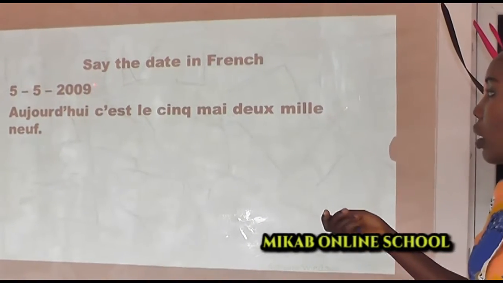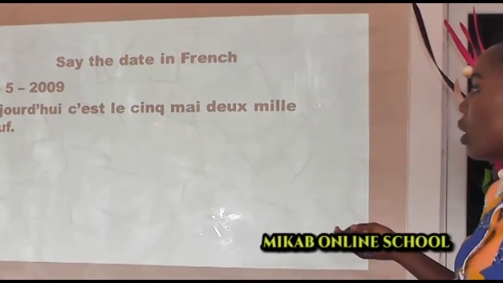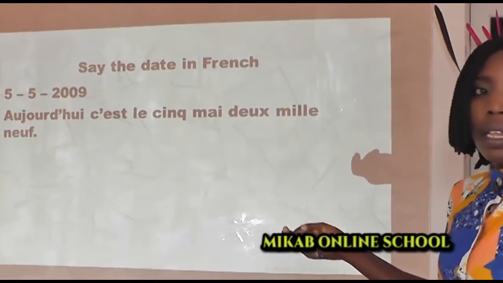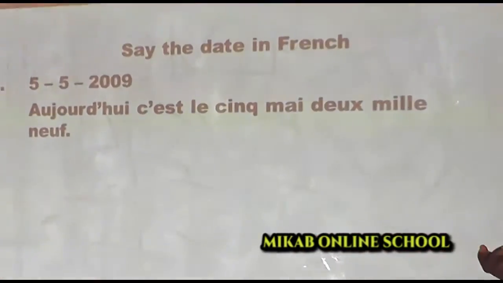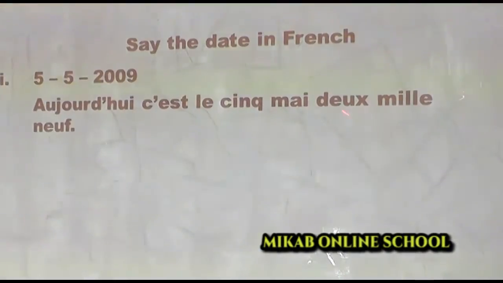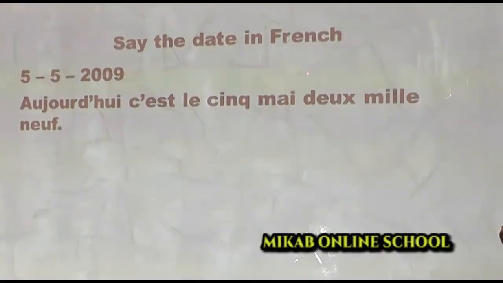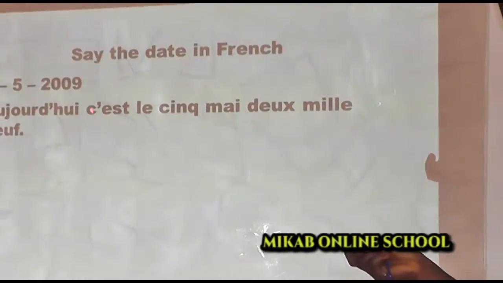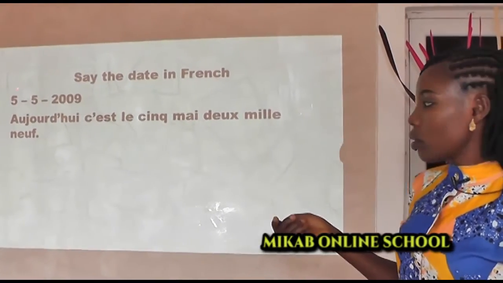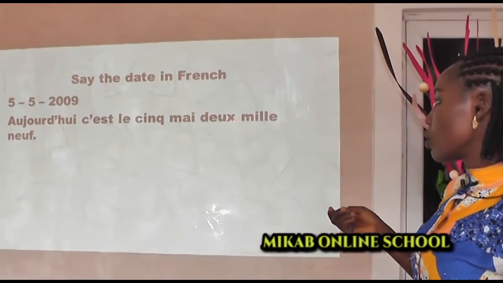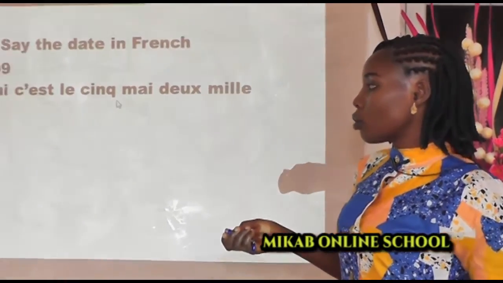Then 2009 is 2000 and 9. We join it together to make aujourd'hui c'est le 5 mai 2009. Today's date is 5 May 2009. The next one is number 2.